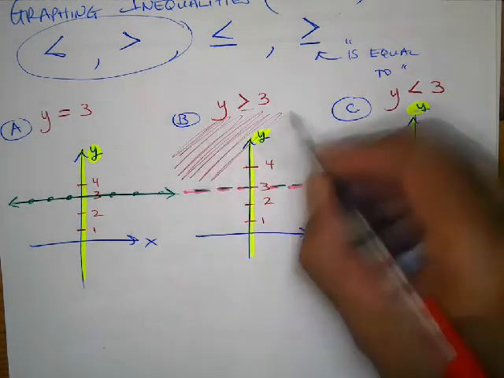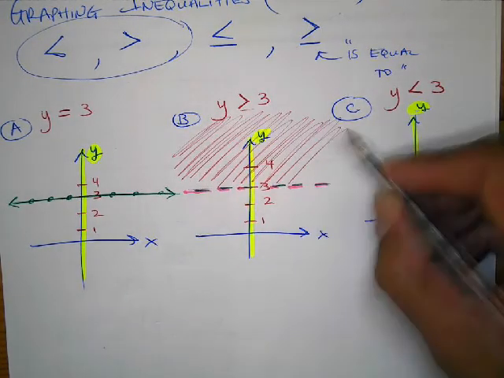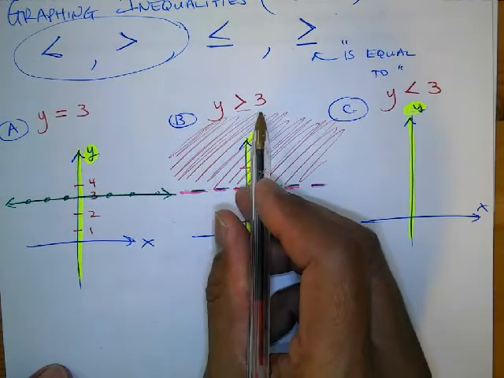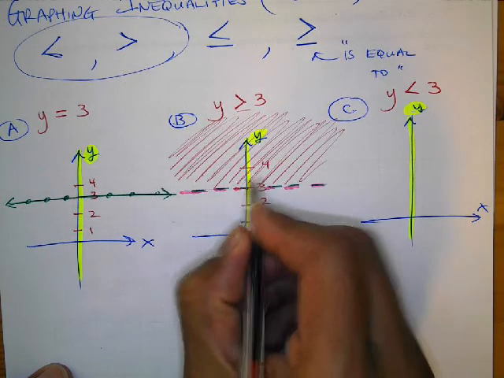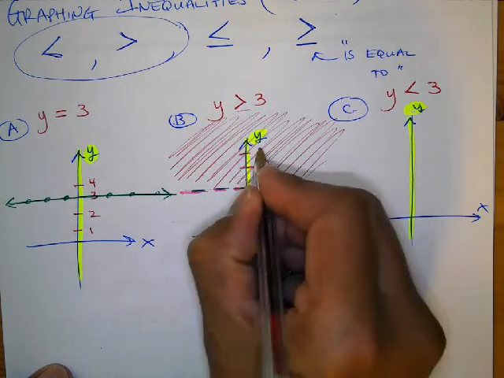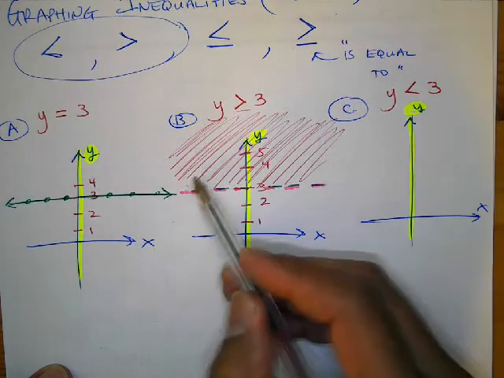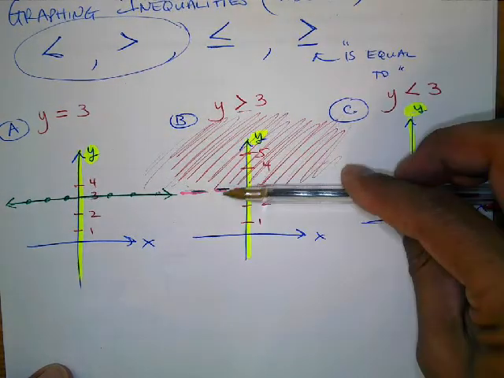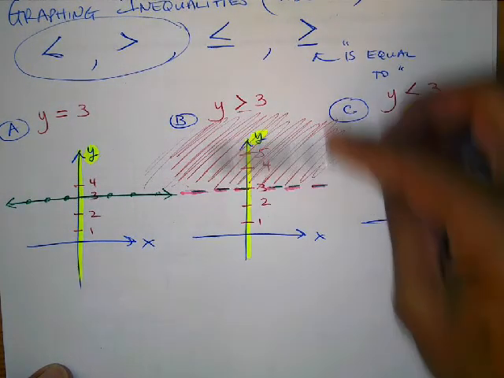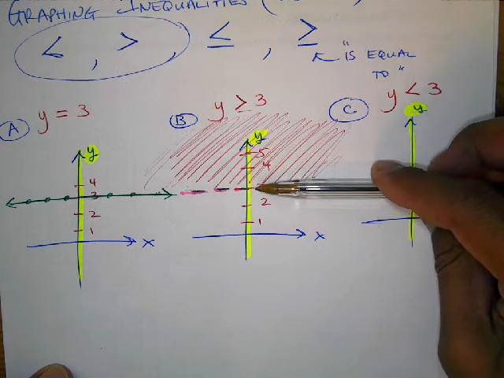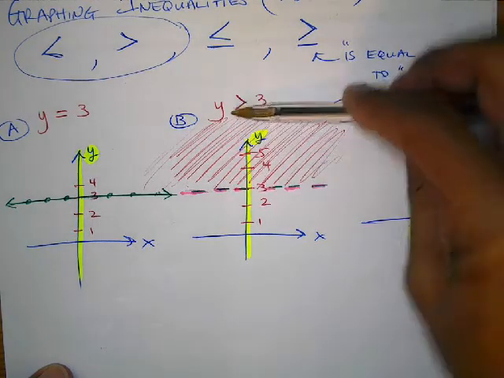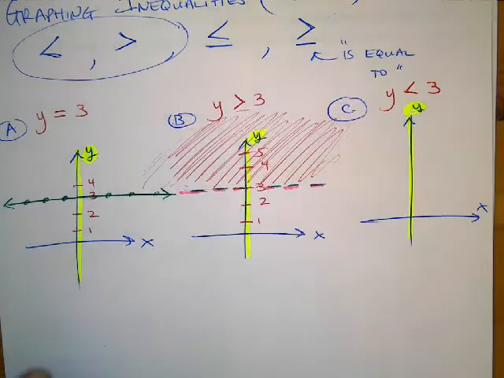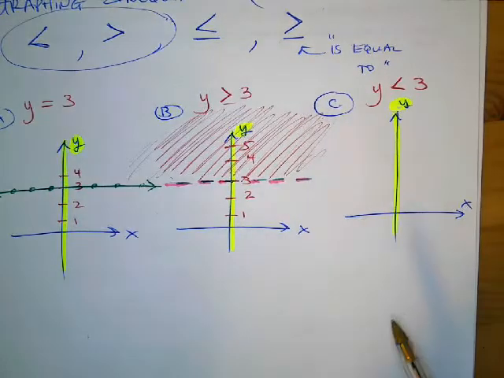So these inequalities are actually shaded. We're going to shade the top part, because all the values of y that are greater than 3 are over here: 3.1, 3.5, 4, 5. The shading means that any point or any value above this, where y is greater than 3, will satisfy the inequality. 4 is greater than 3, 5 is greater than 3.